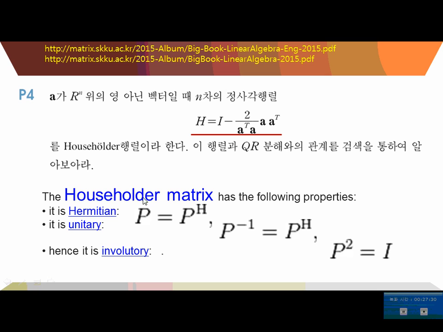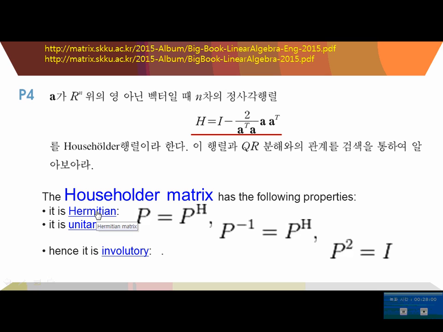This matrix, which is called the Householder matrix, has the following properties. First, this matrix is Hermitian. It's symmetric, real symmetric, Hermitian. P is equal to P conjugate transpose. And P is unitary. P inverse is P conjugate transpose. And P square is an identity matrix. So this matrix has so many nice properties.